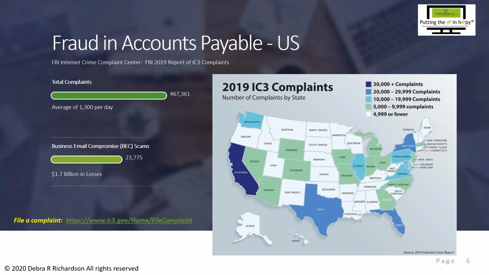Now, if you need to file a complaint, I've added a link here. And please do file. This, of course, is based on what has been reported, and not all companies will report that they were a victim of business email compromise.